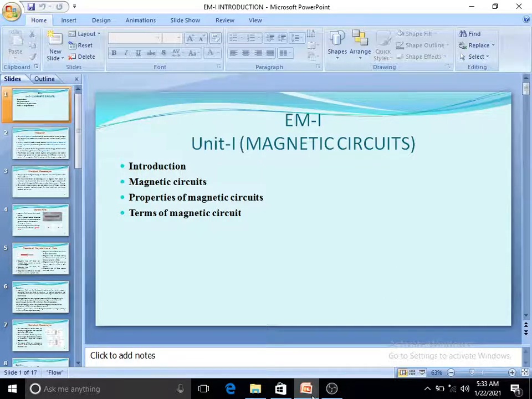In this semester I am going to deal with Electrical Machines 1. In the previous semester you completed the basics of electrical, BEE. In that you learned some of the terms related to machines.